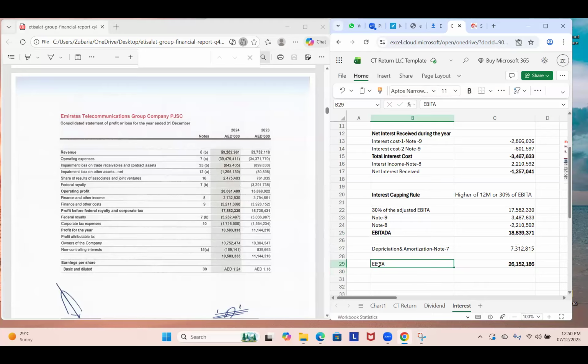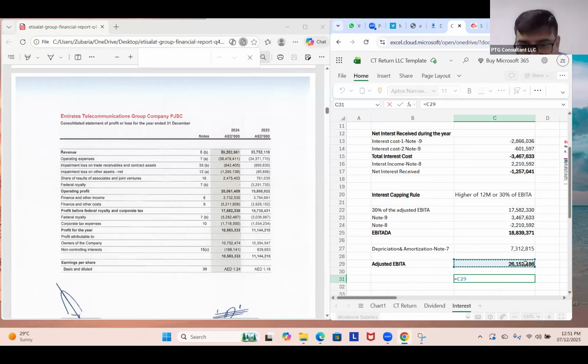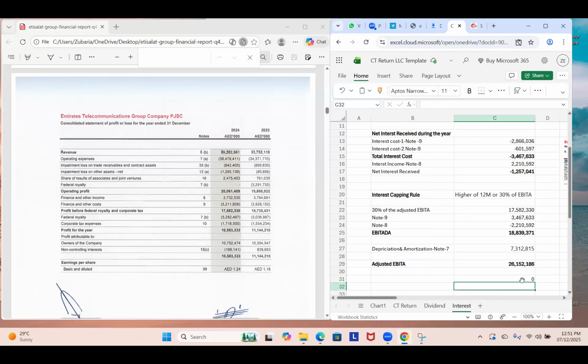Anyhow, adjusted it. So now we'll apply 30% of this.